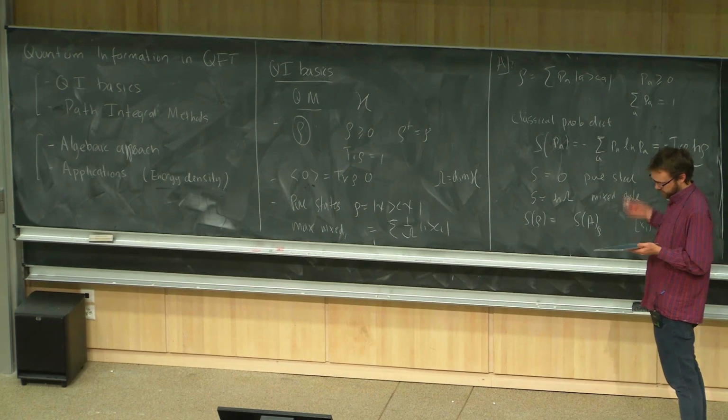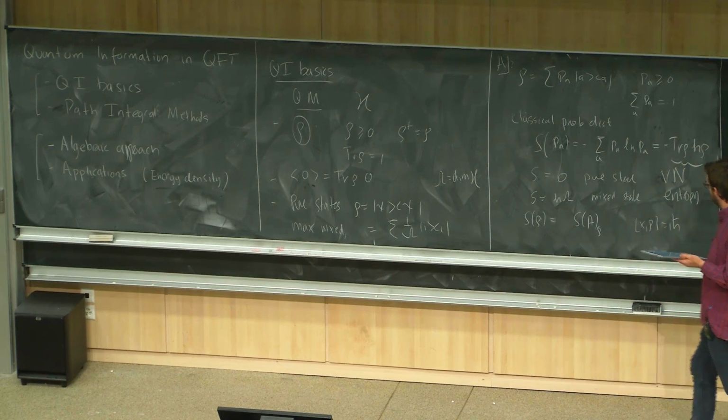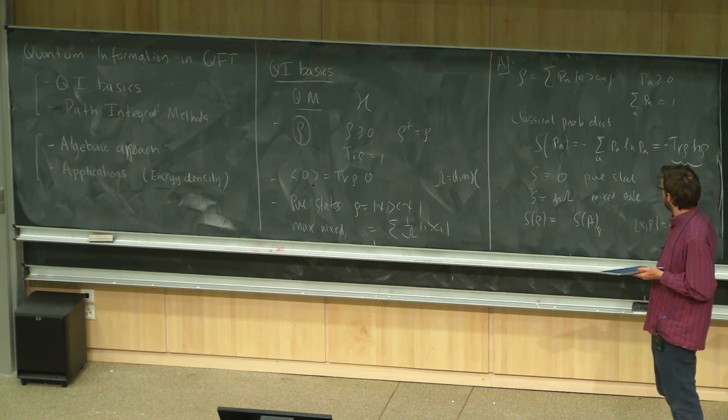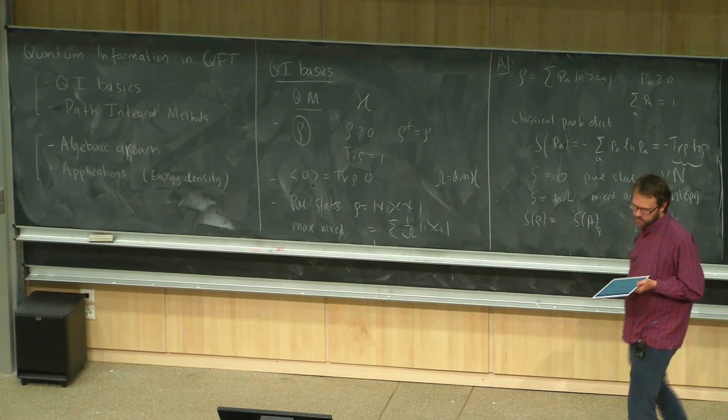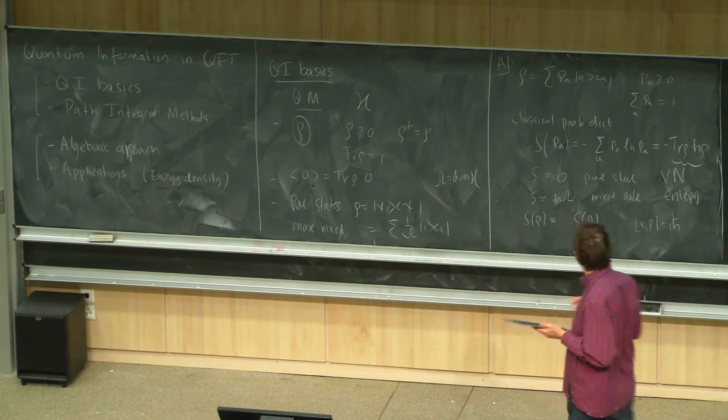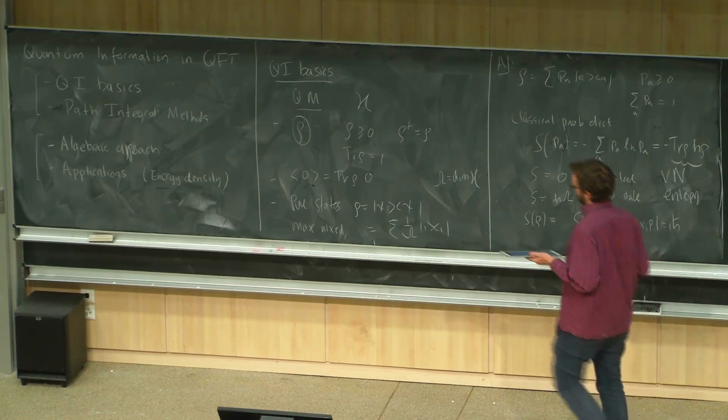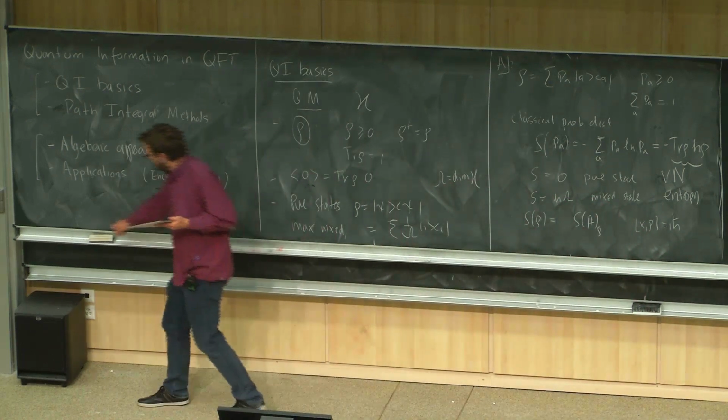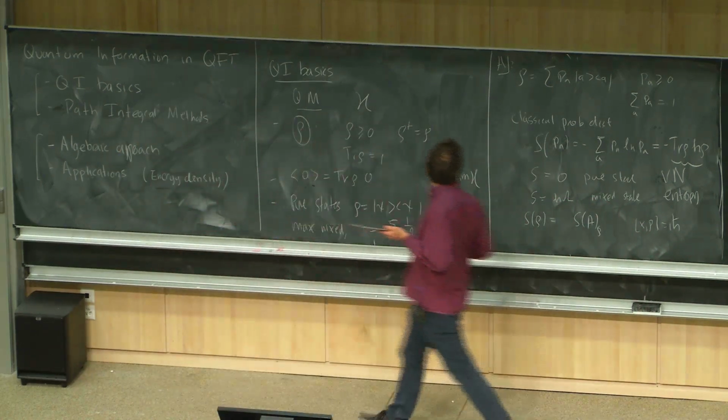We cannot be definite about both of these observables. And this becomes really important when we think about subsystems. And this leads to the notion of entanglement.